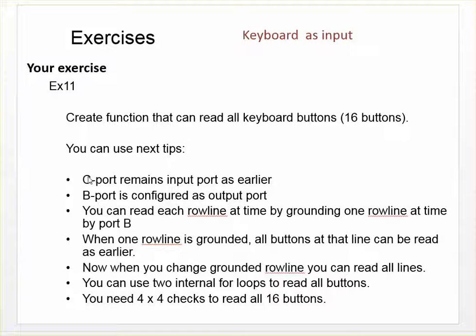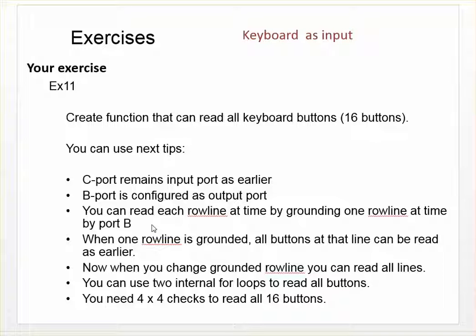It's feasible to keep the C port connected as earlier, as you were reading the one horizontal line. Now we are using the P port as an output port, and the horizontal lines are connected to the P port.